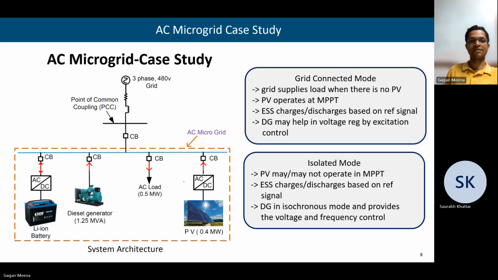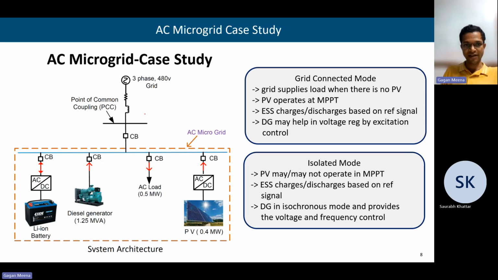And here, as we have already seen in previous weeks, we have different modes of operation for an AC microgrid. One is grid connected mode, one is isolated mode, and there is also a transition mode from grid connected to isolated and isolated to grid connected. In grid connected mode, this AC microgrid is connected to the grid.